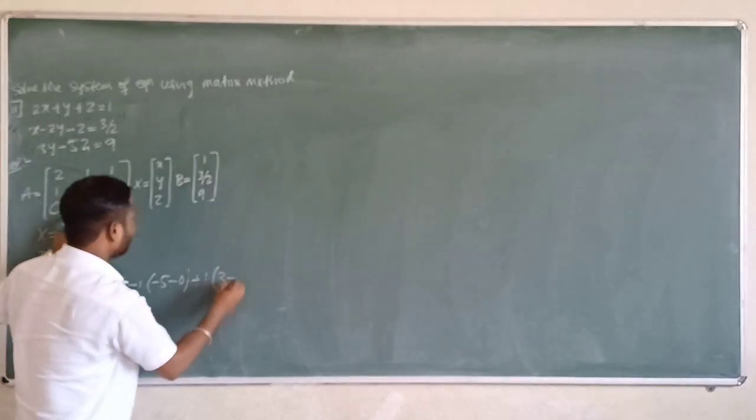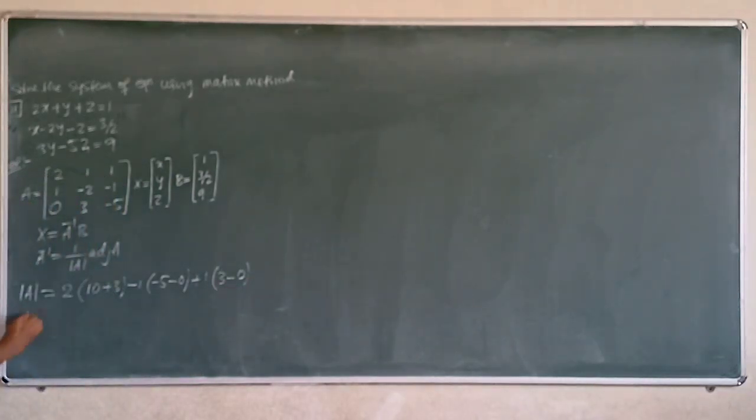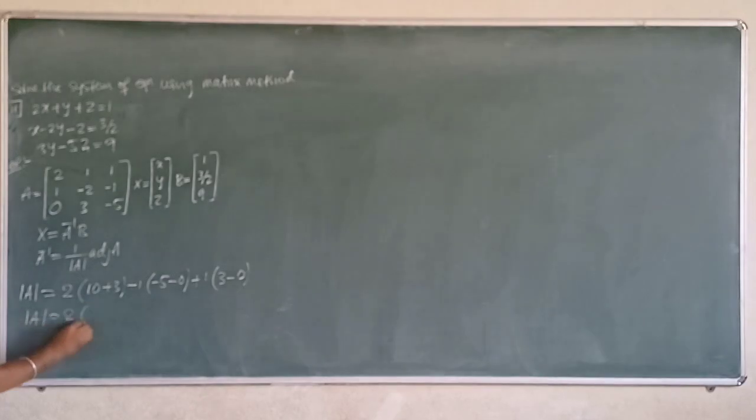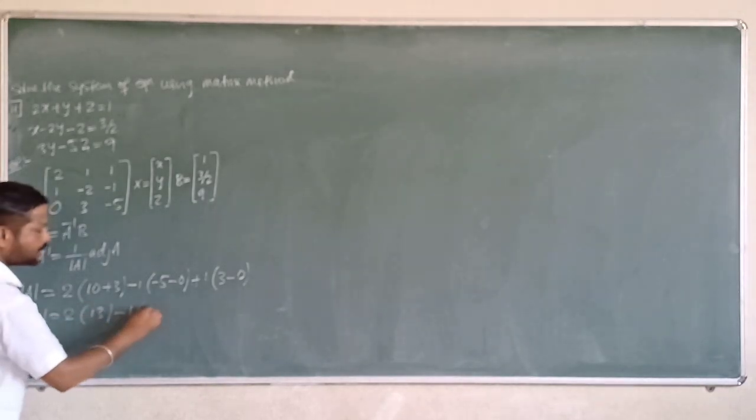Plus A13 element is positive now, that is 1 3 element is plus 1, delete first row third column, 1 3s are 3 minus 0 into 2, that is 0 now, right? Then determinant of A is equal to 2 into 10 plus 3 is 13. Okay, minus 1 into, that is minus 5.